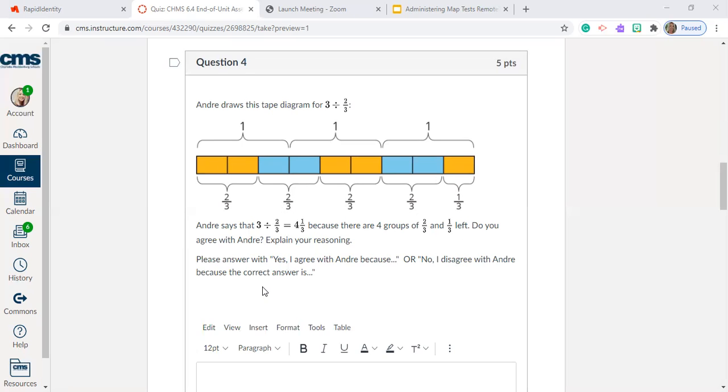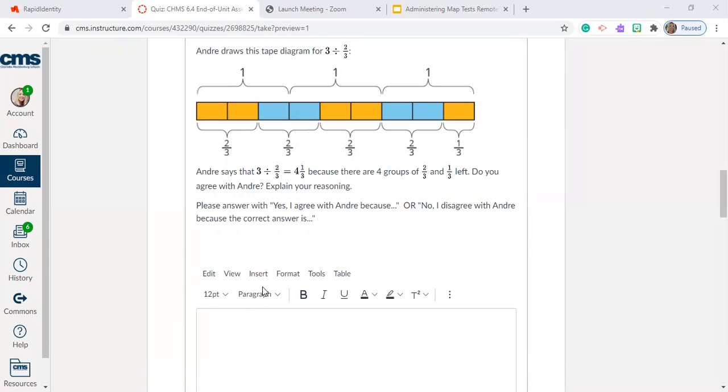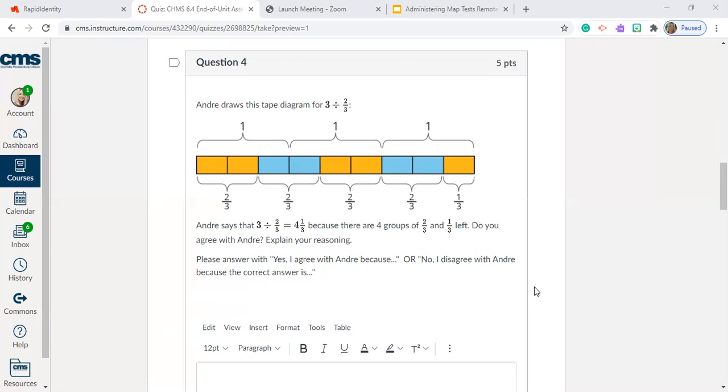So go ahead and divide 3 by 2/3 and see if you get the same answer as Andre. You're going to respond with your answer in the text box below by saying, yes, I agree with Andre because, or no, I disagree with Andre because the correct answer is blah, blah, blah. Okay, go ahead and take a moment to pause and solve question number 4.